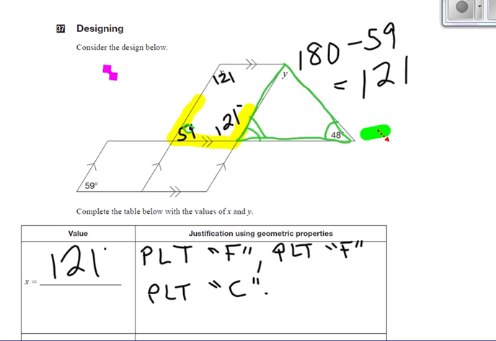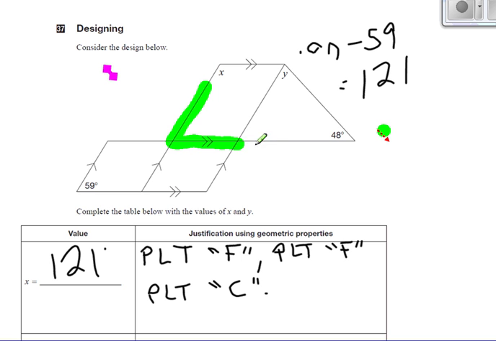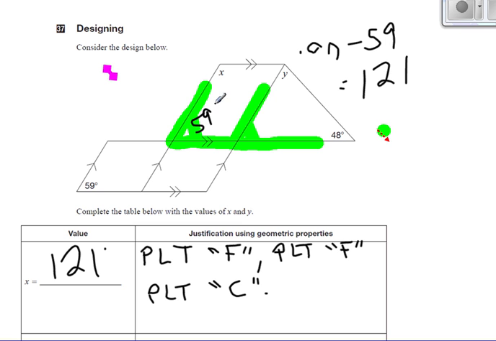Or let's say you don't like that idea. Fine, you don't have to like that idea. Here's another option. You have an F pattern right here. So this angle is equal to this angle. And we already knew from doing the X that this was 59 degrees. Therefore, this is 59 degrees. So that means 180 minus 59 minus 48 equals my missing Y value.